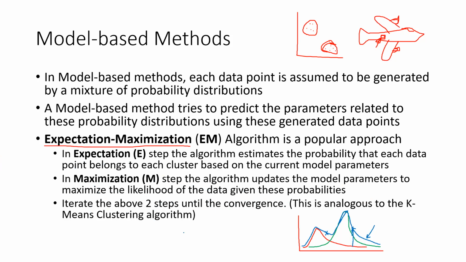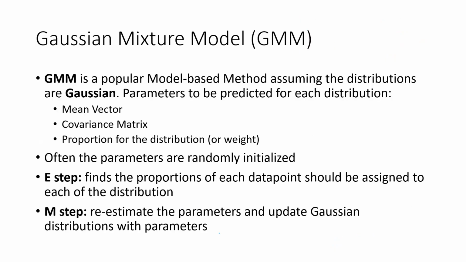This also converges, like in the k-means algorithm, where you go to a local minimum, and you can do it several times with different initialization values and you may have a better final outcome. So that is how the expectation maximization algorithm works.